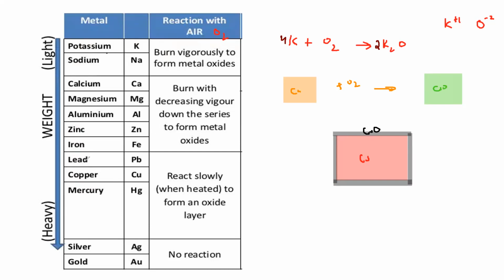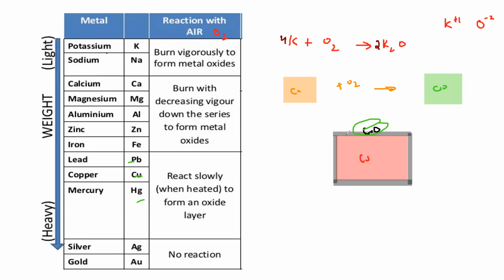But in case of lead, copper, mercury, only at the surface the oxide is formed, and then the reaction stops. And silver and gold are not reacting with air. Is it clear? The first part, the reaction of these metals with air.